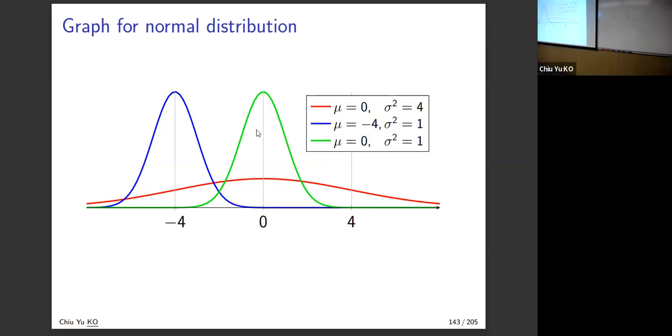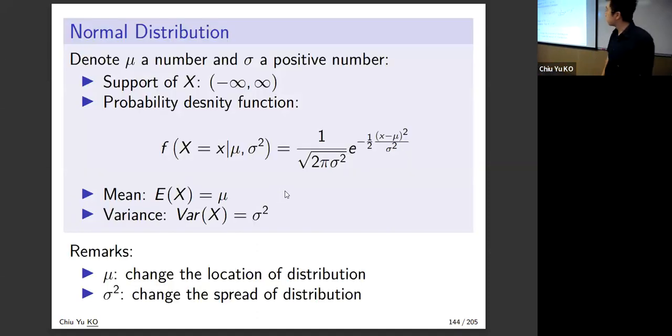Because this is the small f, and the area under the curve must always be 1. So in order to go from this high wave to low wave, just squeeze it. So that's the shape. As we have said, the mean is mu, variance is sigma square. That's how you understand the normal.